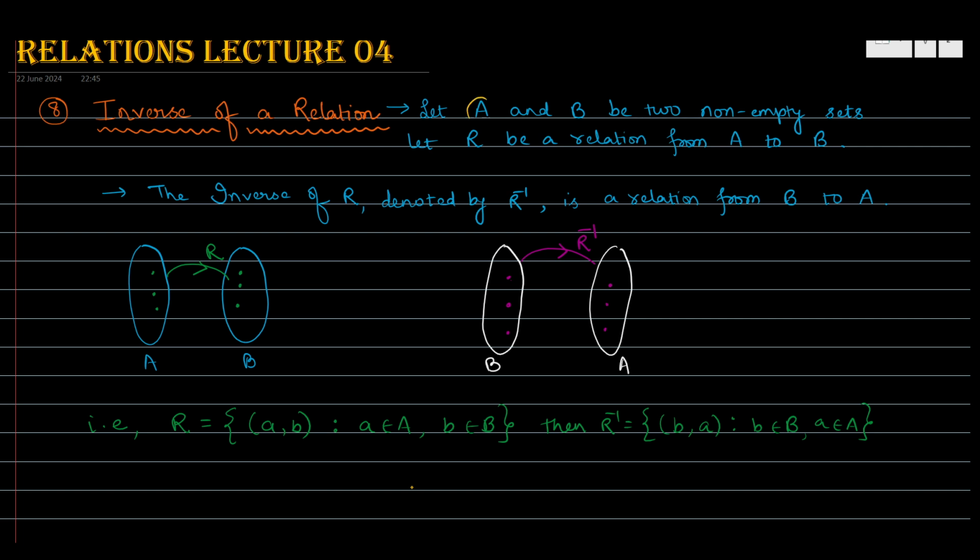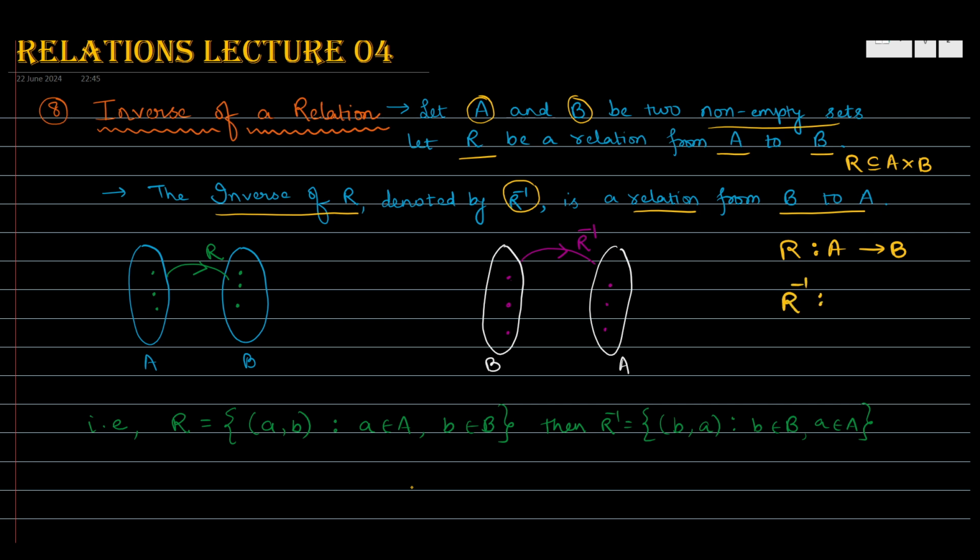Let A and B be two non-empty sets and let R be a relation from A to B, means R is a subset of A cross B. Then the inverse of R, denoted by R inverse, is a relation from B to A. If R is a relation from A to B, then R inverse is a relation from B to A.